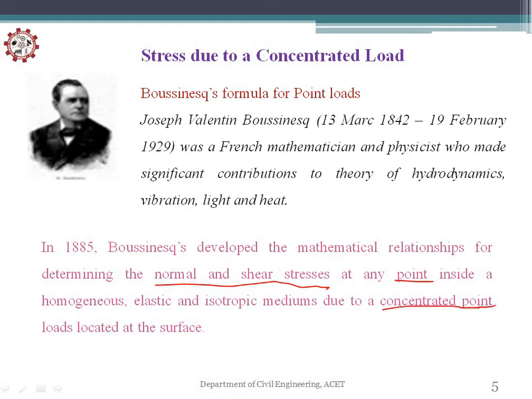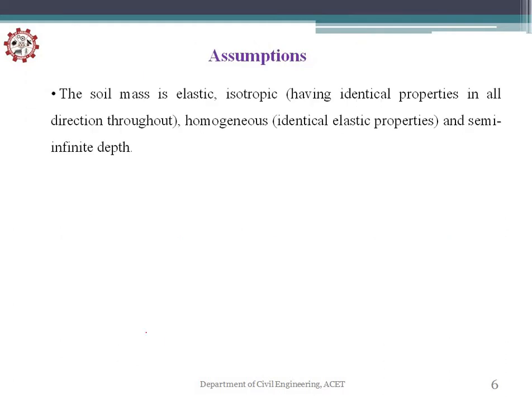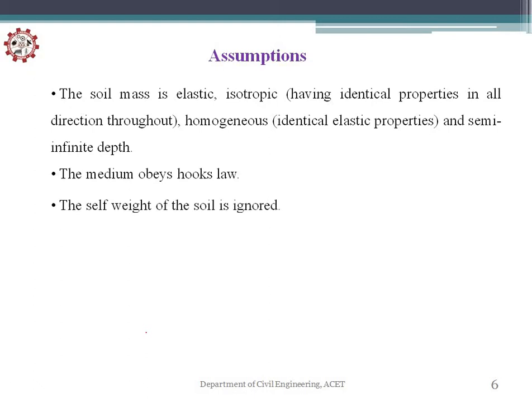The concentrated load is the most important part, located at the surface. Some of the assumptions which he made before using this are: the soil mass is elastic, isotropic, having identical properties in all directions throughout, that is known as isotropic. Homogeneous means identical elastic properties, and semi-infinite depth. Next, it obeys Hooke's law, that is, stress is directly proportional to strain.